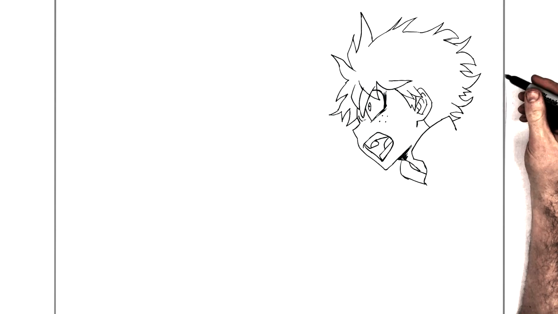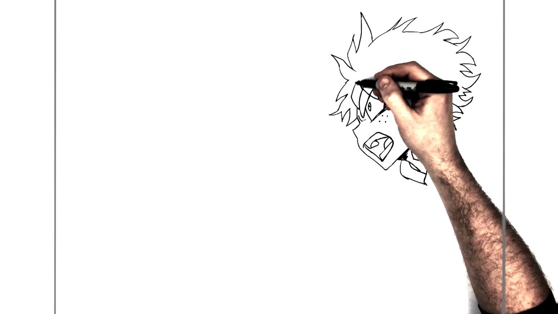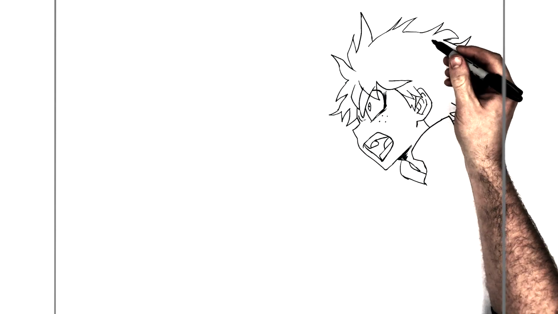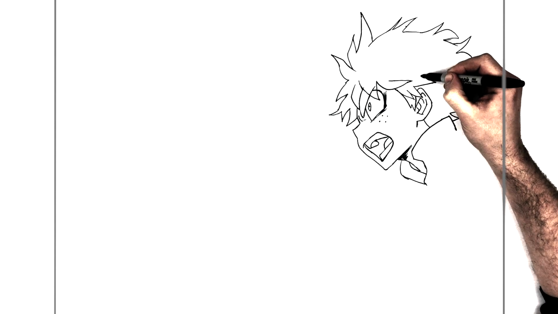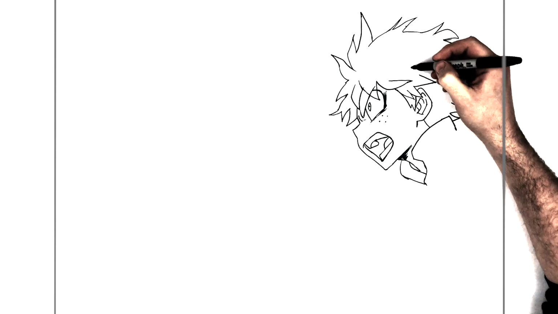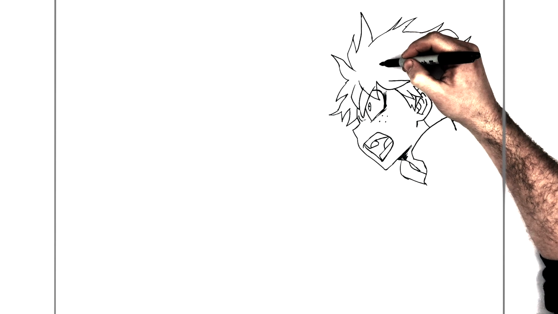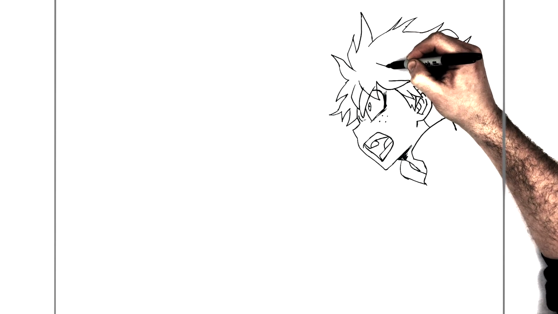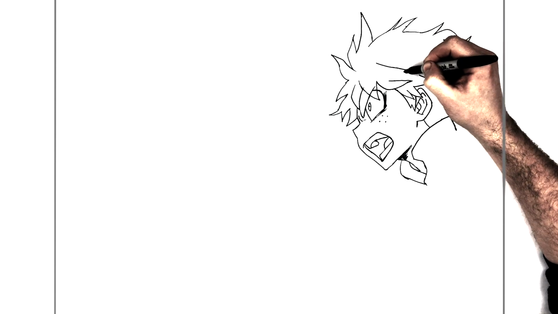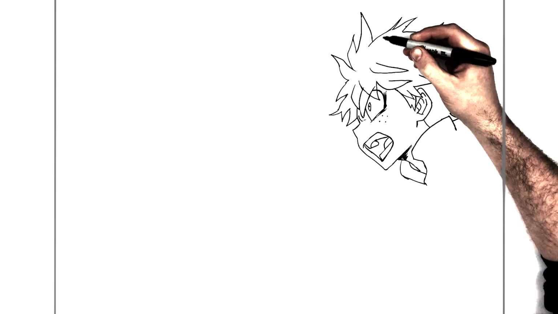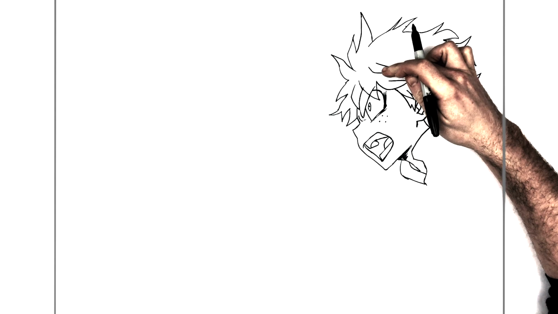And of course Midoriya has black sections and green sections inside his hair, so we got to separate those out. So let's see, he's got a spike here, right? And then we have a green section, just here. So this is a green spike section just there, so that's green.